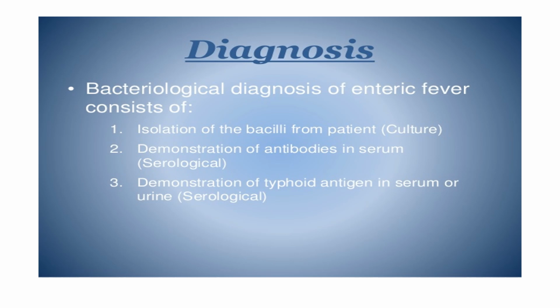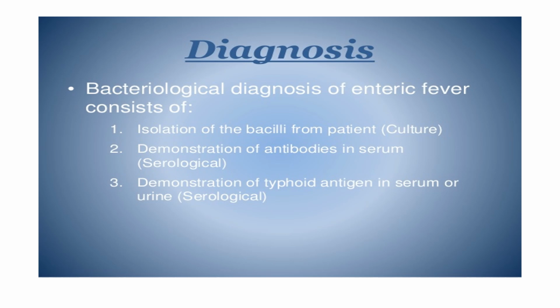The other investigations to diagnose enteric fever are the demonstration of antibodies in the serum. Both these tests are serological investigations, in which the first demonstrates the antibodies, and the other demonstrates the typhoid antigen. For antigen, the commonly used test was the Vidal test, which is nowadays obsolete.